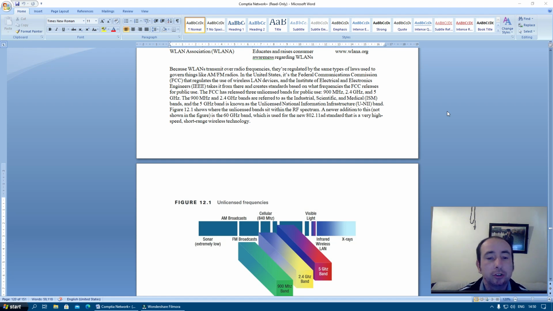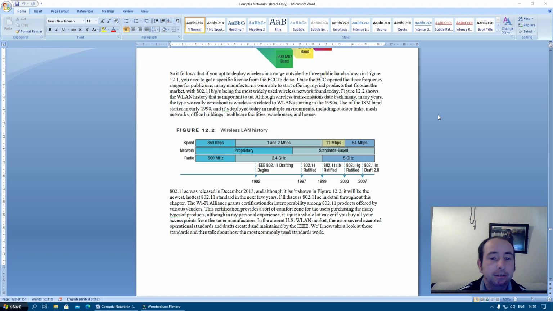Figure 12.1 shows where the unlicensed bands sit within the RF spectrum. A newer addition to this, not shown in the figure, is the 60 gigahertz band, which is used for the new 802.11ad standard. That is a very high speed, short range wireless technology.